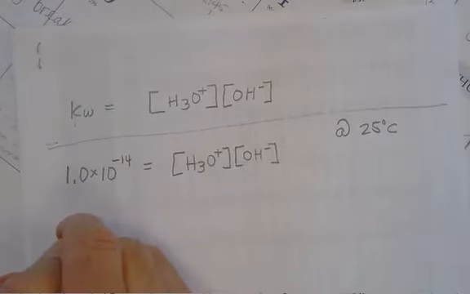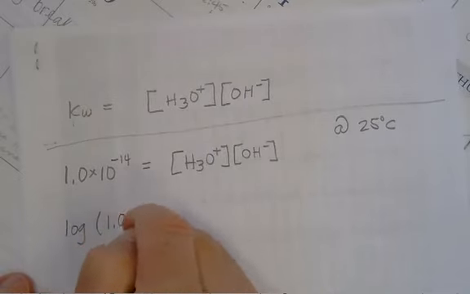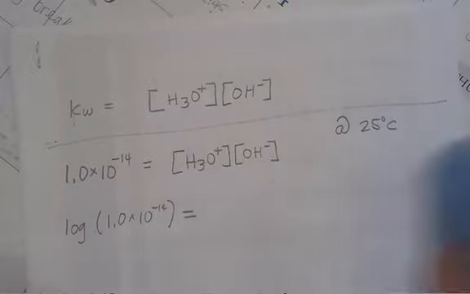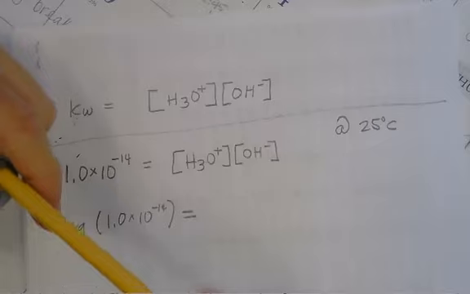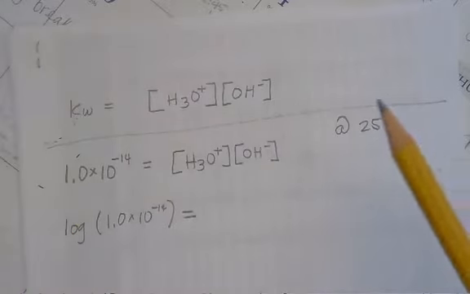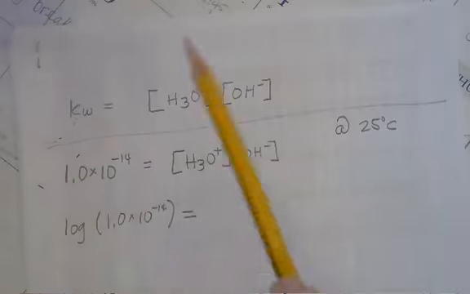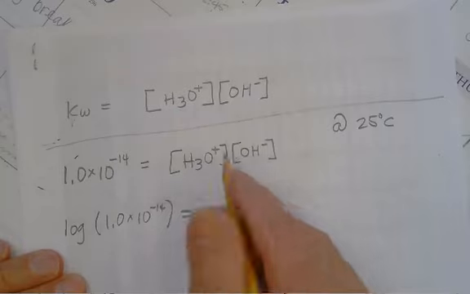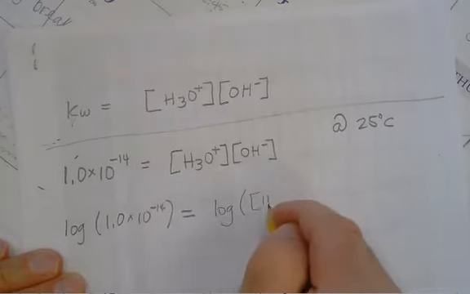So if I take the log of this, I get the log of 1 times 10 to the minus 14th is equal to, well, if I take the log of that, I can take the log of this. So I'm going to do it in 2 steps. Take the log of the whole thing.